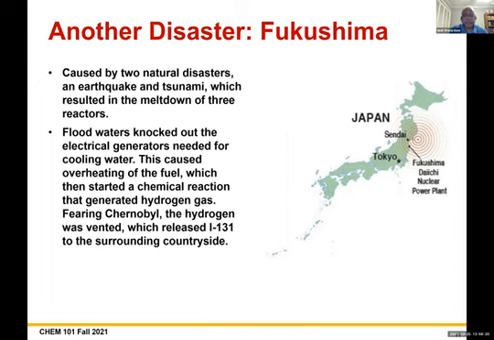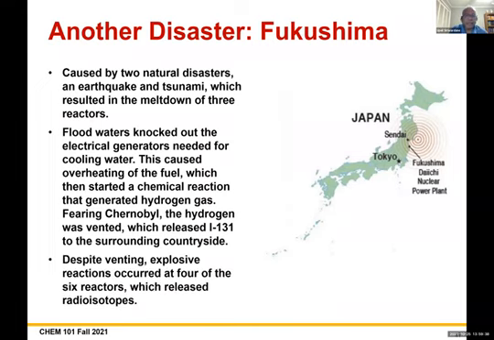It's similar to Chernobyl. Here in Fukushima, the hydrogen was vented, releasing iodine-131 again to the countryside. So despite whatever they did at that time, 4 reactors out of 6 were affected, which released a large amount of radioactive material.